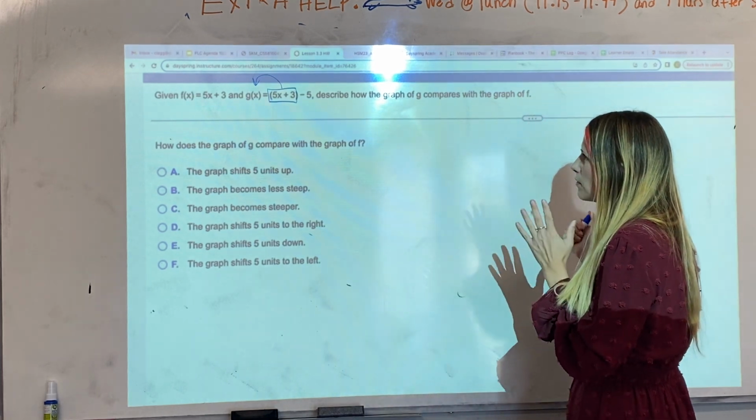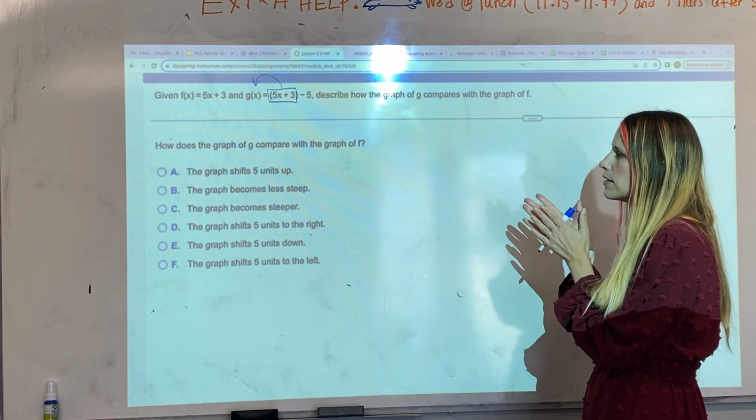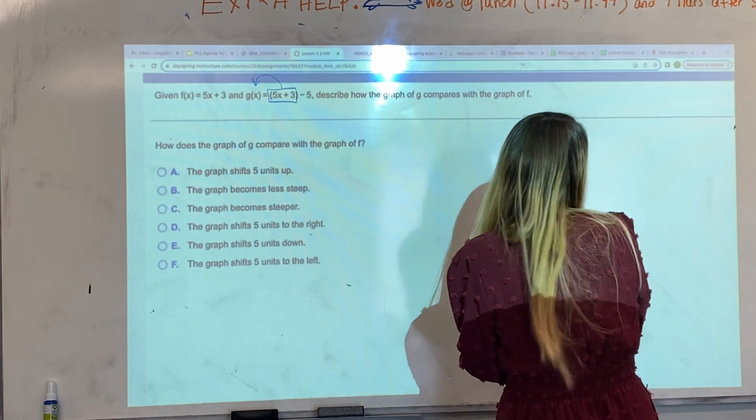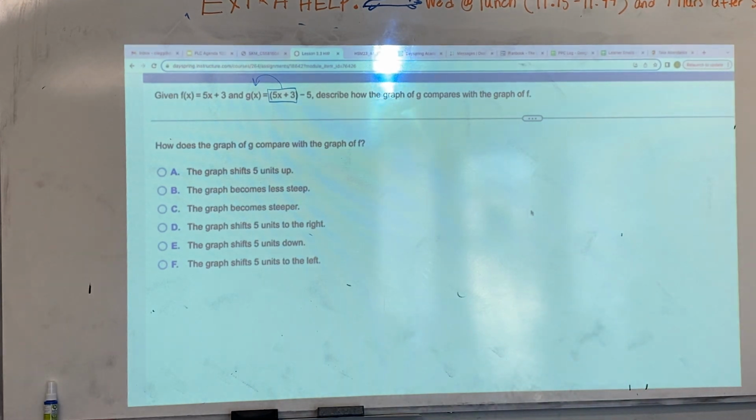Okay. So, when you're subtracting from the output, and I have my little cheat sheets up here if you ever want to look, I'm just going to read it. Subtracting from the input, adding to the output. Adding or subtracting to the output moves the graph vertically by that many units.